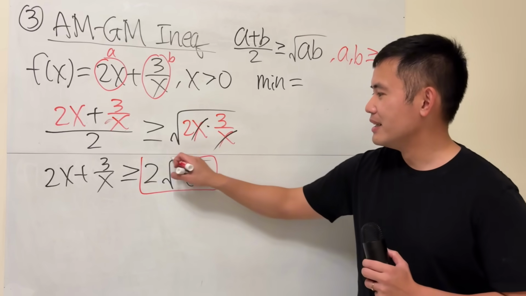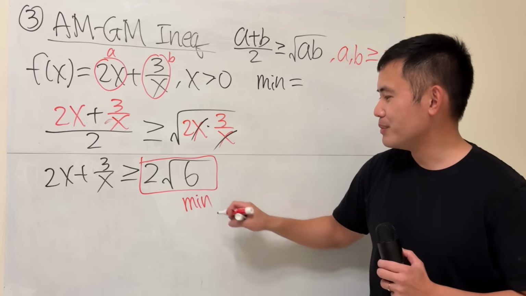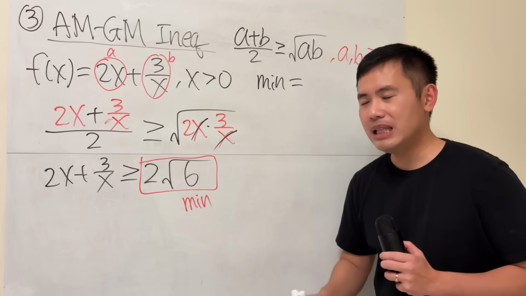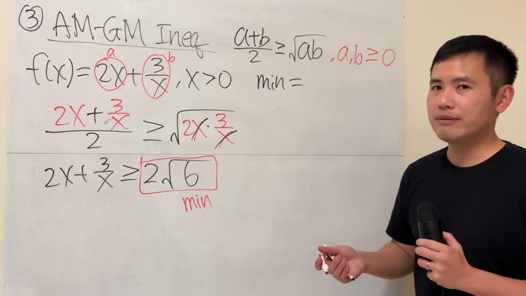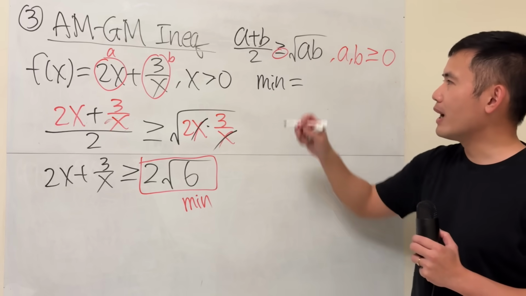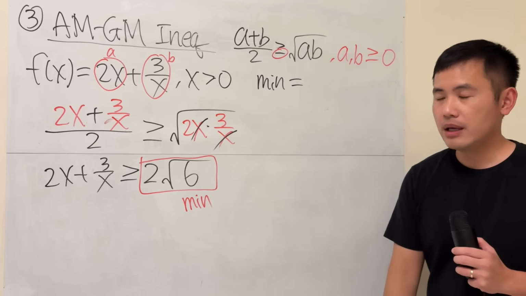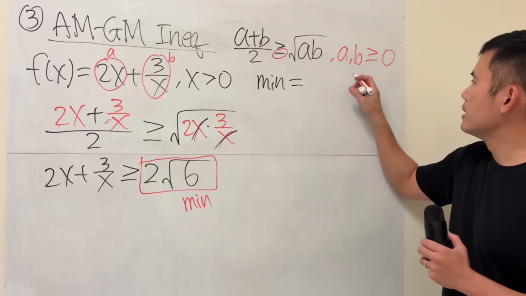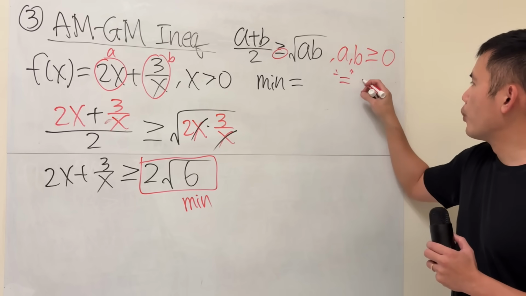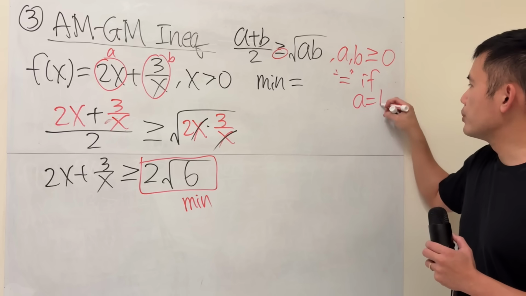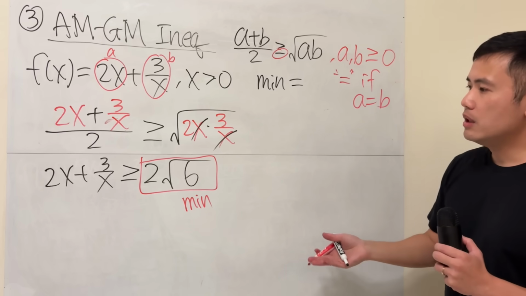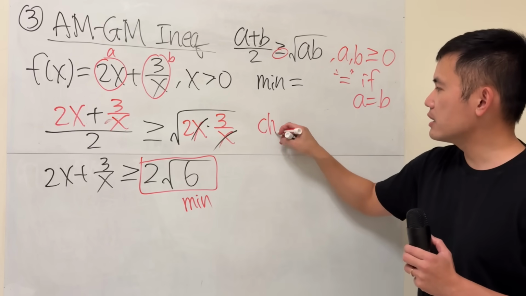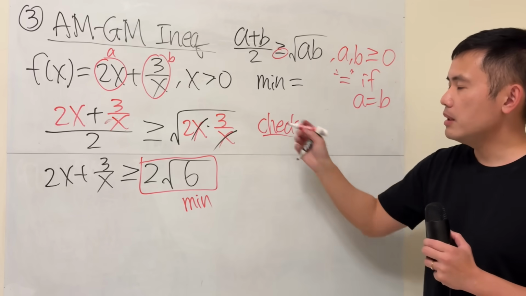And again, is this going to be the minimum? It's a lower bound, but it might not be the minimum. So again, we'll still have to talk about when the equality holds. Well, in this case, equality holds when A is equal to B. So to show that we can actually have that, we will have to check, can A be equal to B?